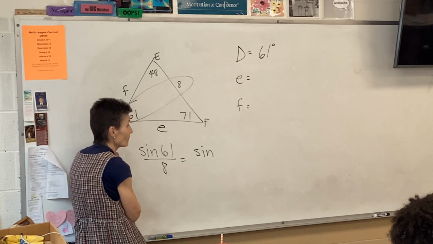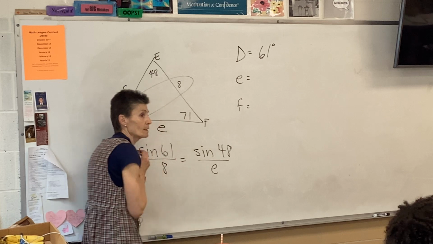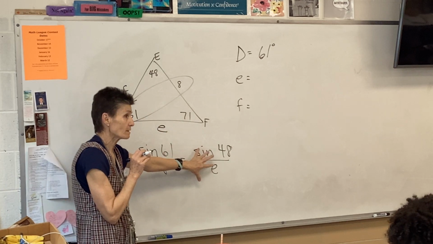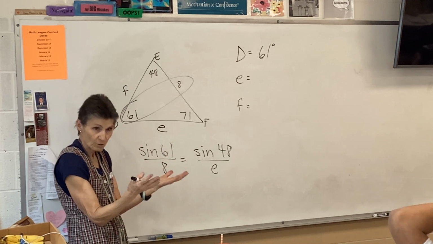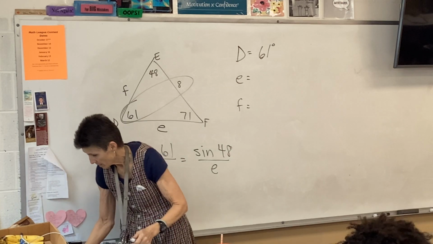Sine 48 over E? Truly, it doesn't make any difference whether you do the E's first or the F's first. You can only do one at a time, and you're going to do both of them, but the order you do it doesn't matter. Okay?